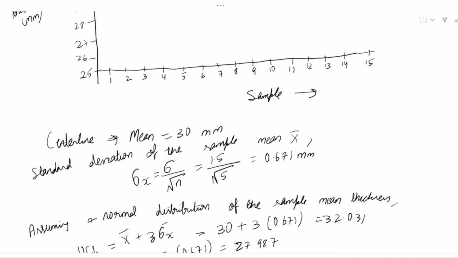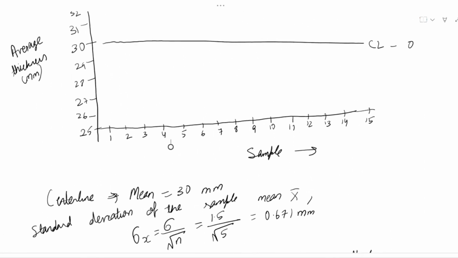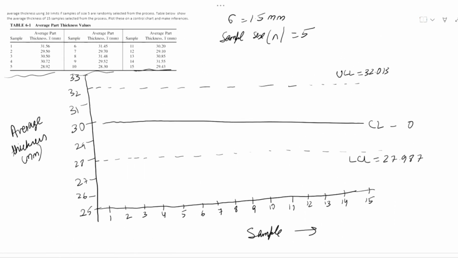The lower control limit is 27.987, so we will draw a line here. This is the lower control limit, 27.987. Now we have all this data.